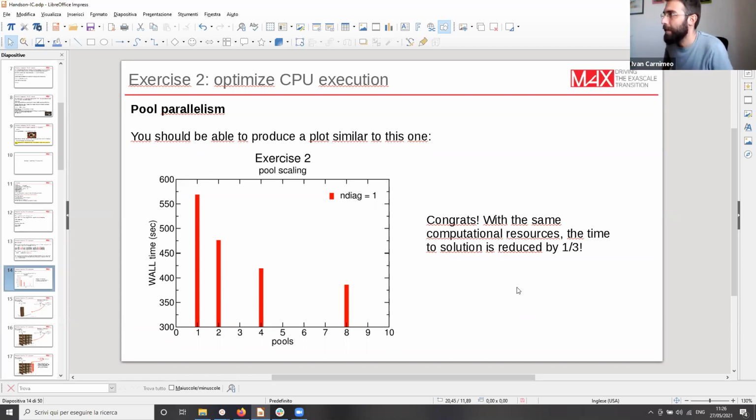In all cases, we have used 16 MPIs, and this has not changed. This is fixed. But using one pool, MPIs are communicating very much with each other, whereas using 8 pools, the communications are slowed down.